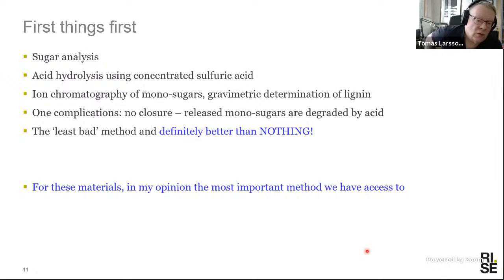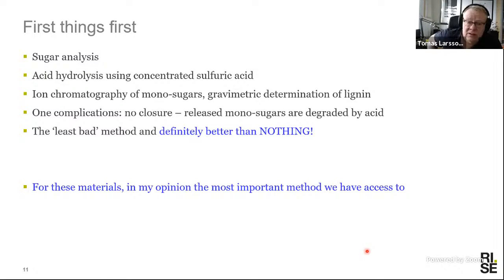And of course, as with all analytical methods, it's not free of complications. It's full of complications. One is that when we degrade cellulose with sulfuric acid, we also eventually start to degrade released monosugars. So it has no closure; it doesn't have a mass balance. But in my opinion, this is the least bad method, and it's definitely better than nothing.